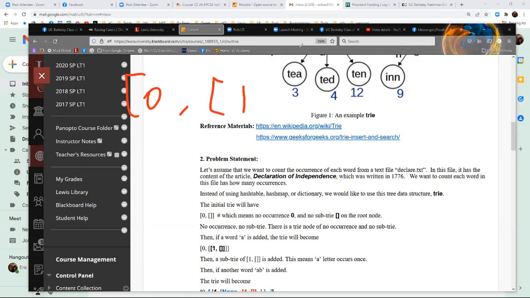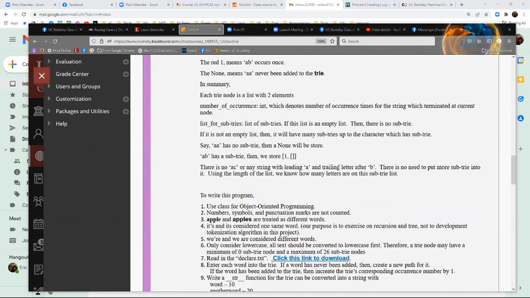A, you have one node, and then after that you will have a subtrie, right? Here actually AA is initially 0, okay, no subtrie, and then AB should be 1, and then no subtrie, something like that. That's after adding the AB. So it's recursively building the so-called tree.